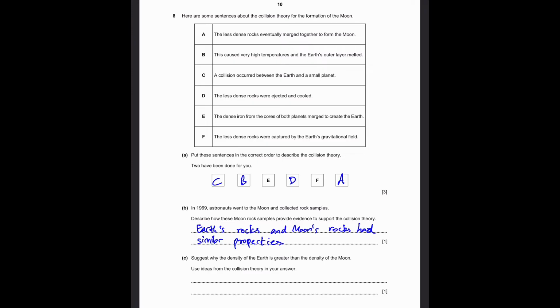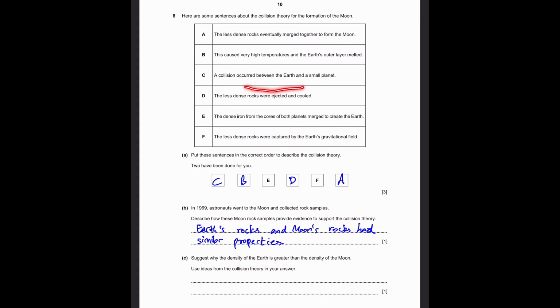Part C. Suggest why the density of the Earth is greater than the density of the Moon. Use ideas from the collision theory in your answer. We can see that in the collision theory, the dense iron from cores of both planets merged to create the Earth. So, this dense iron contributes a lot to the huge density of the Earth compared to the Moon.